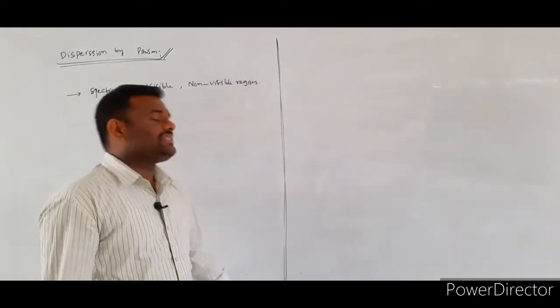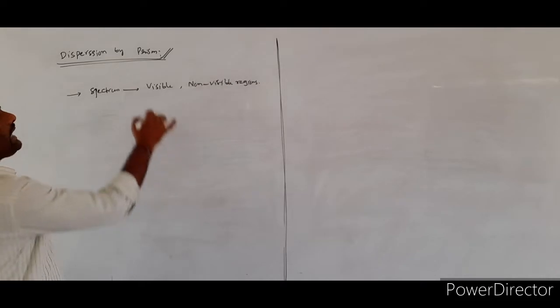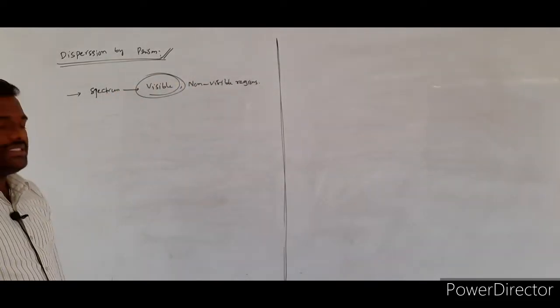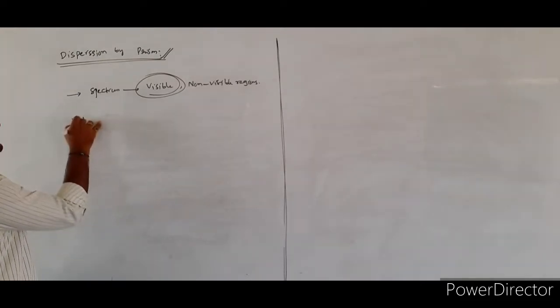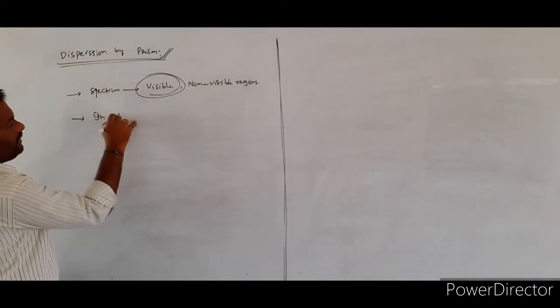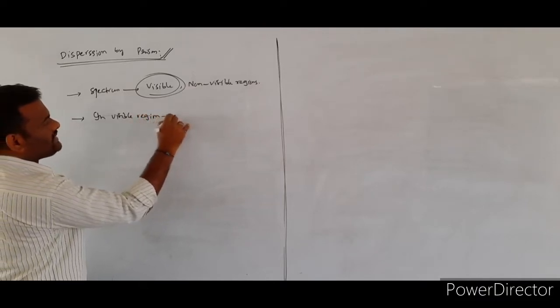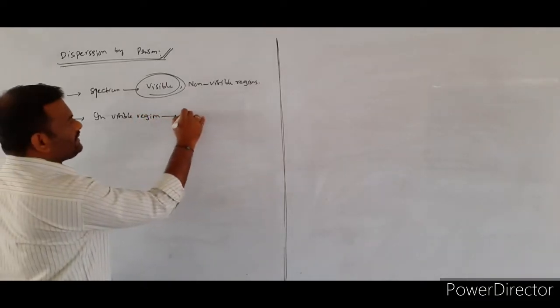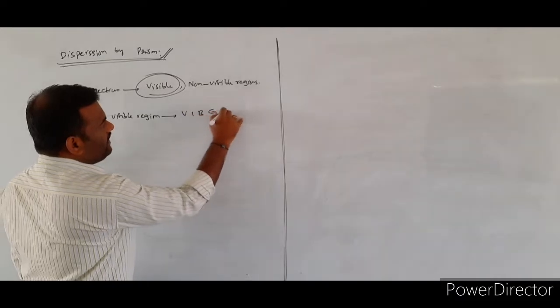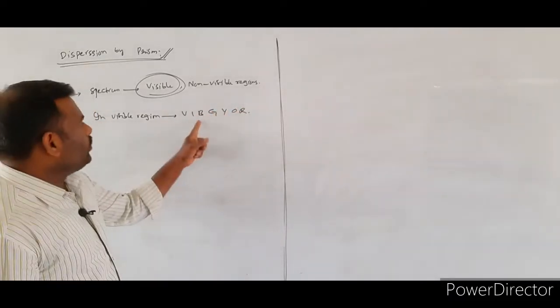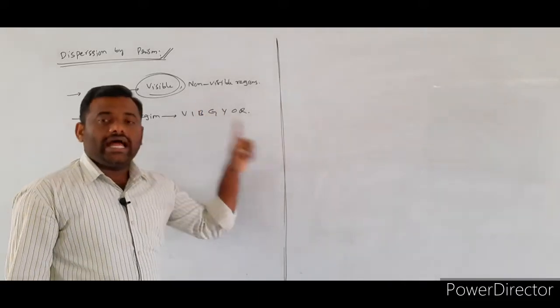Those 7 different colors are generally considered within the visible region only. This spectrum is consisting of 7 different colors. What are they? Violet, indigo, blue, green, yellow, orange and red.